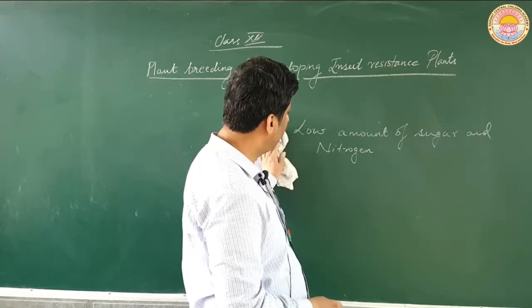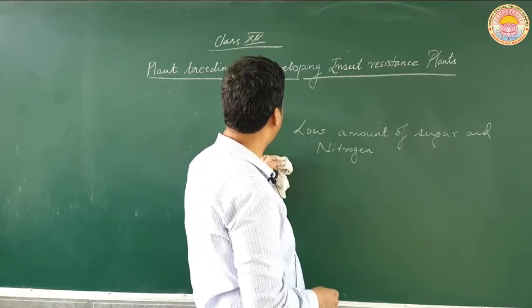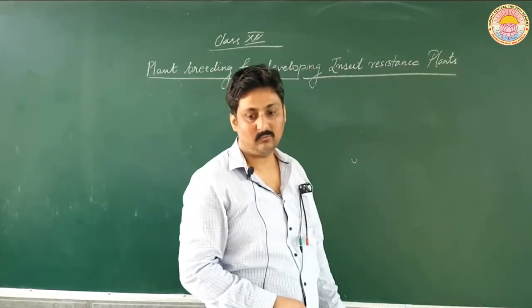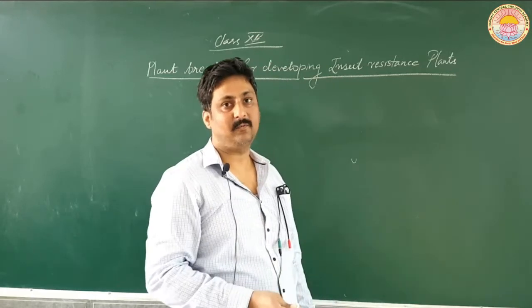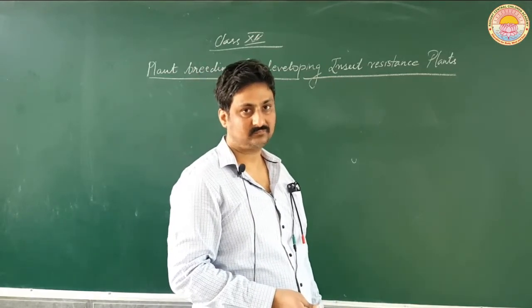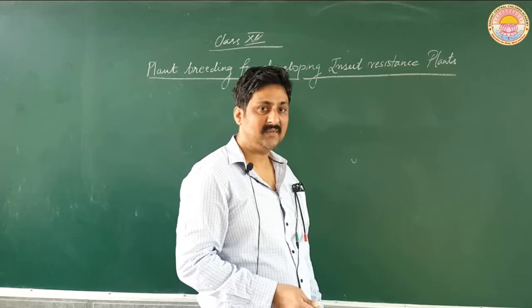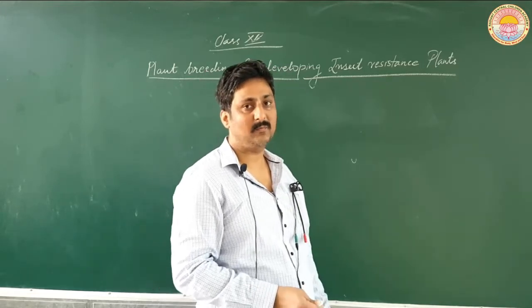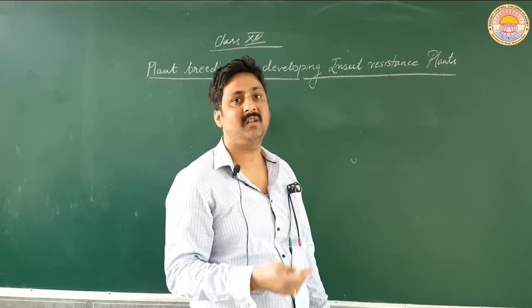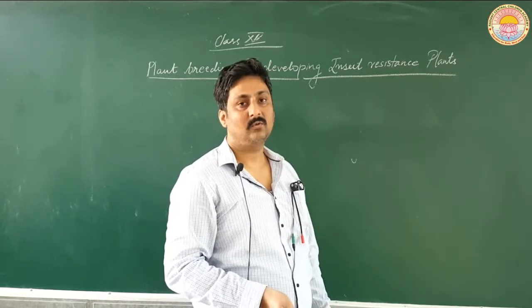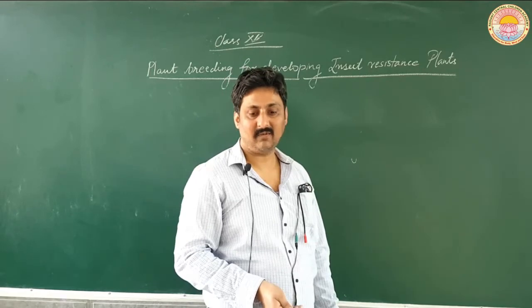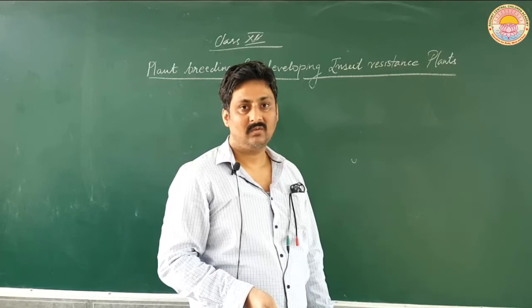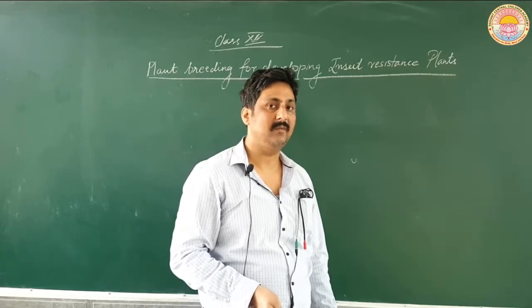So you see, this is a kind of biochemical change which a plant has brought in order to protect itself from insects. Basically, insects sometimes infect the plants and are responsible for lowering the productivity of the plants. So it has to be kept in mind that whenever you are breeding plants, these characteristics have to be kept in mind.